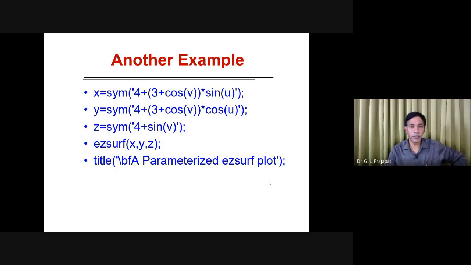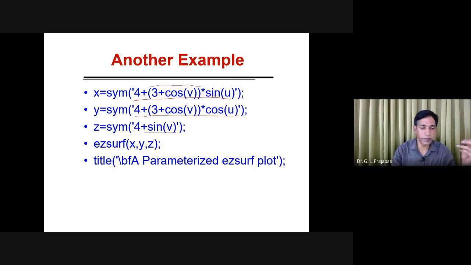X is equal to, this is the symbolic expression you have. This is the symbolic 4 plus 3 cos V into, like here, from here to here, then sim, this is the expression, and then Z, this is the expression.